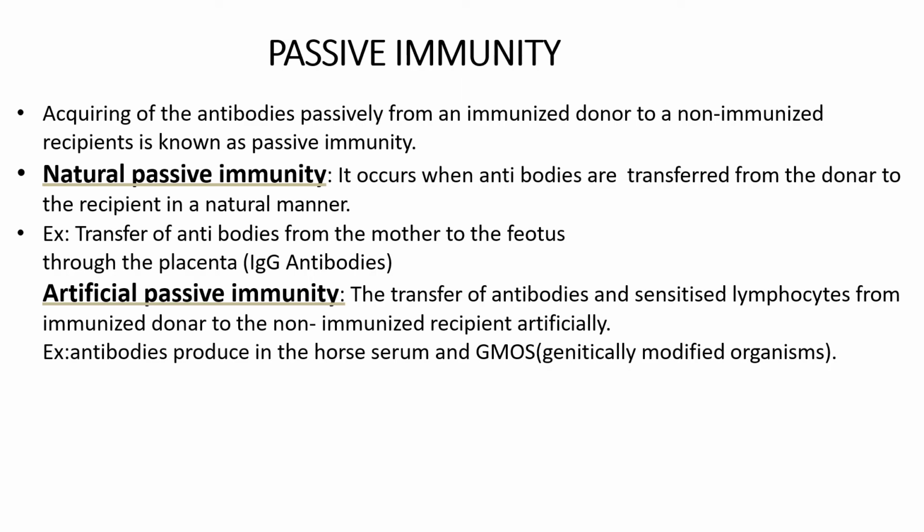For example, transfer of antibodies from the mother to the fetus through the placenta, like immunoglobulin G. Artificial passive immunity is the transfer of antibodies and sensitized lymphocytes from the immunized donor to the non-immunized recipient artificially. For example, antibodies produced in horse serum and genetically modified organisms.